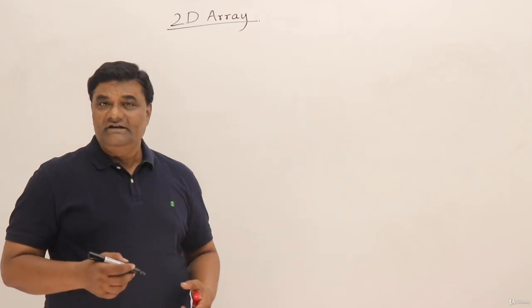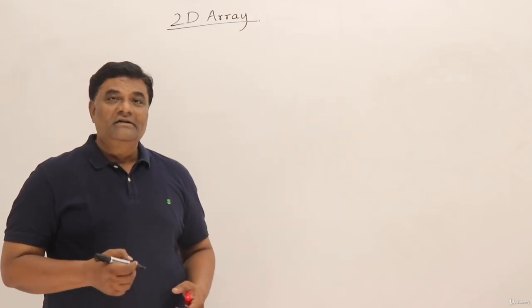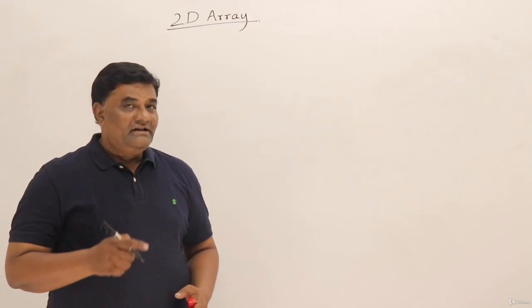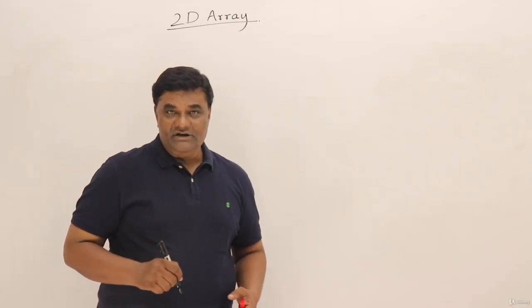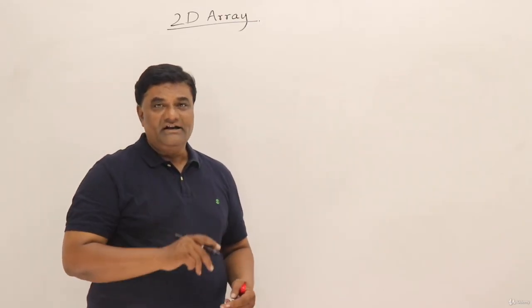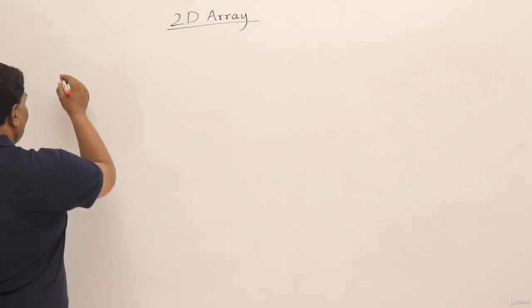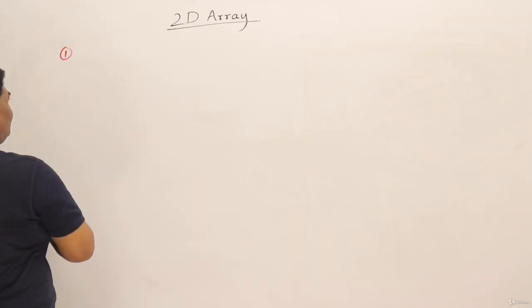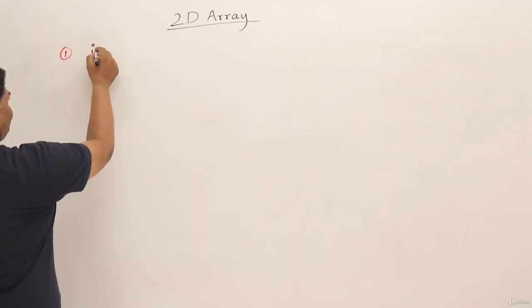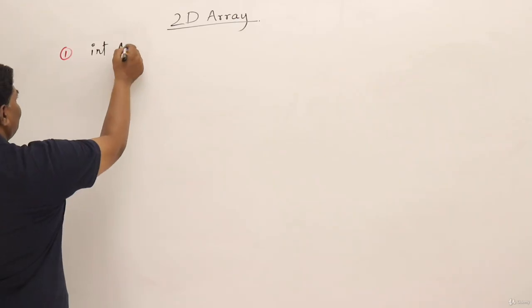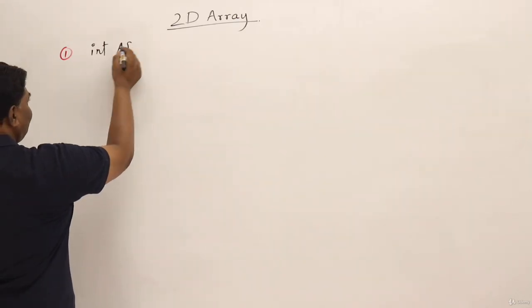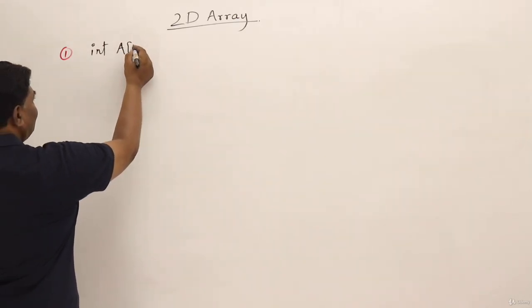Now let us see how to create a two-dimensional array in C and C++. There are three methods of creating a two-dimensional array, so let us look at them. The first method is a normal declaration of a two-dimension array, along with the name of the array, data type of the array, and dimensions.